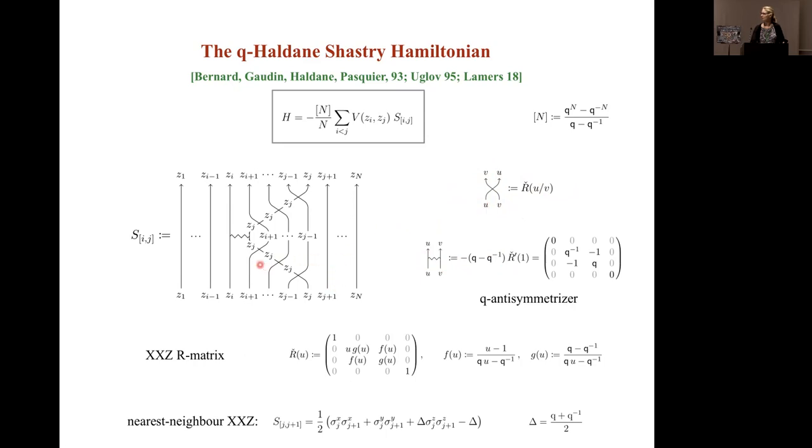All this was just to explain what the permutation will become in the case of the q-deformed model. It's now a non-local operator which involves all the spins from i to j: you see this braiding and then interaction at some site, and then you go back. When q goes to 1, this is just the permutation of this spin with this spin, but otherwise it's a rather complicated object.